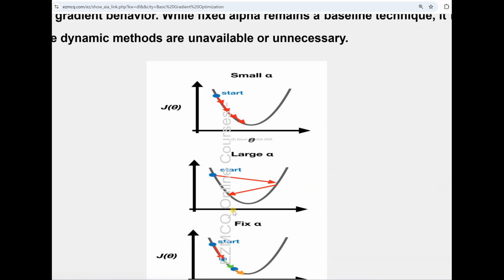So we see that we have small alpha, and it converges, but it is slow. And when the alpha is large, the convergence is very fast, and it can get out of the local minima because it jumps like this, so it's less likely to get stuck.